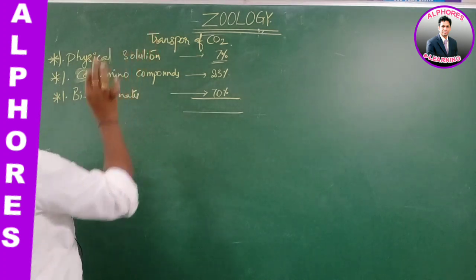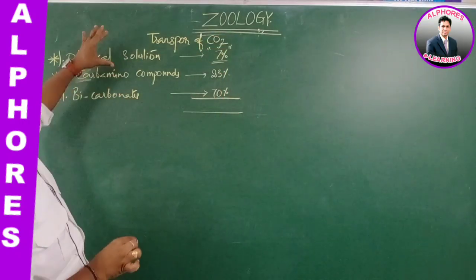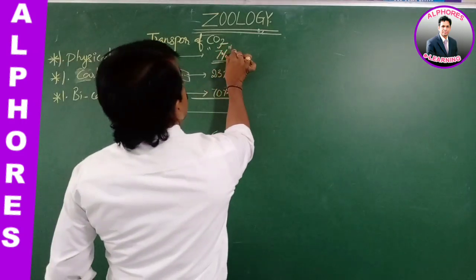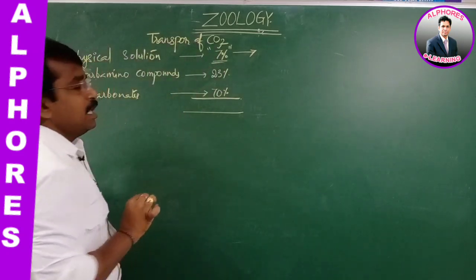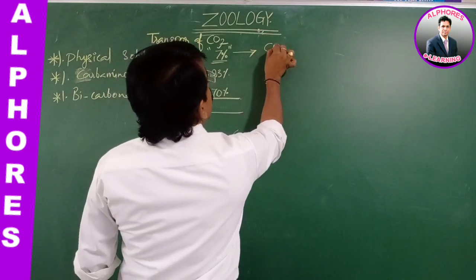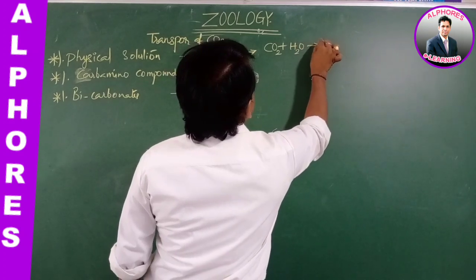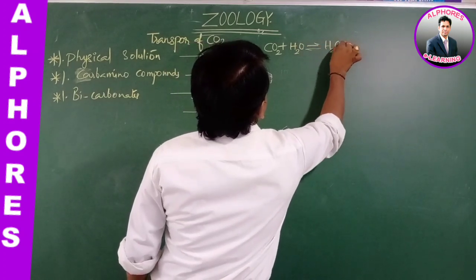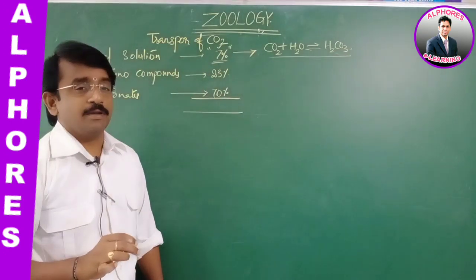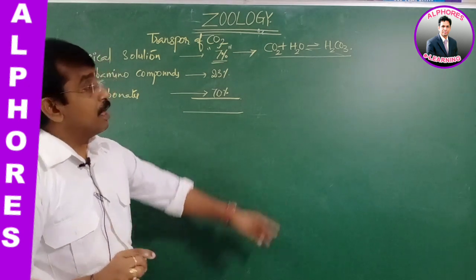So in the physical solution form, 7% of the carbon dioxide is transported via the physical solution. In the sense, the plasma is with water, so carbon dioxide combines with H2O and forms H2CO3.